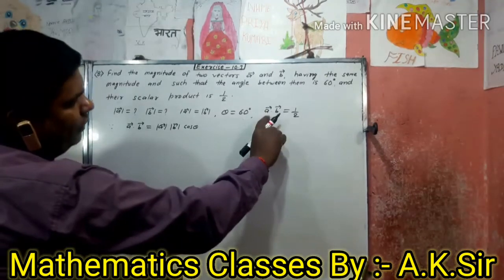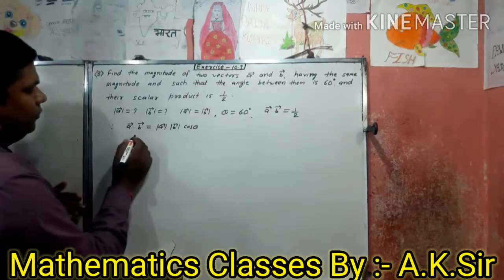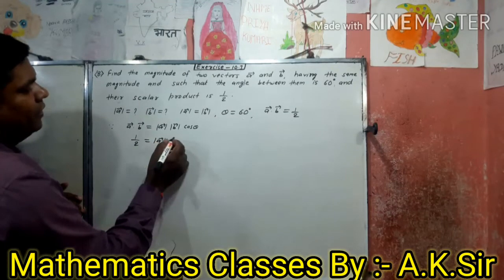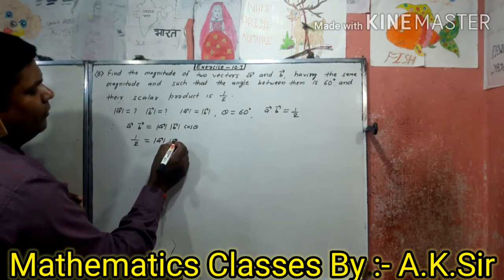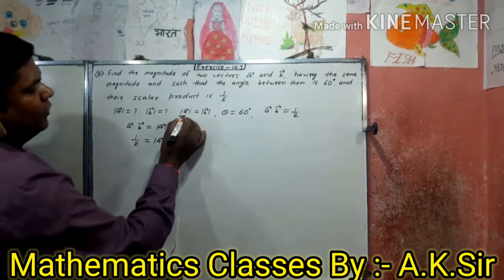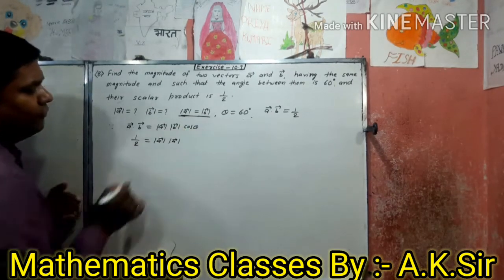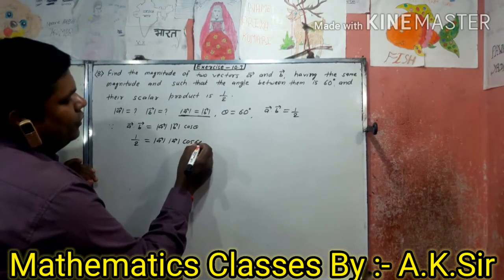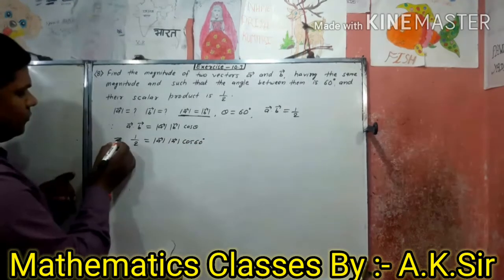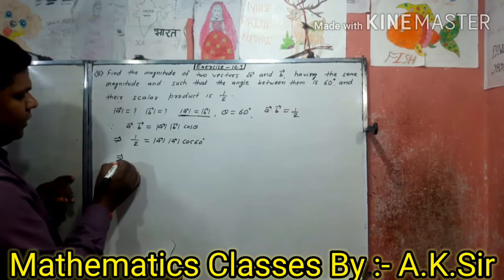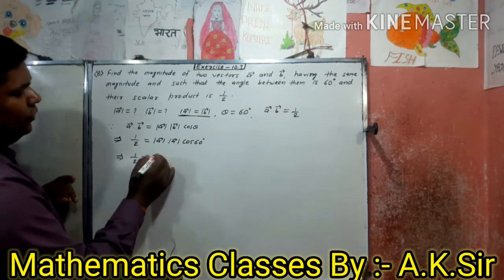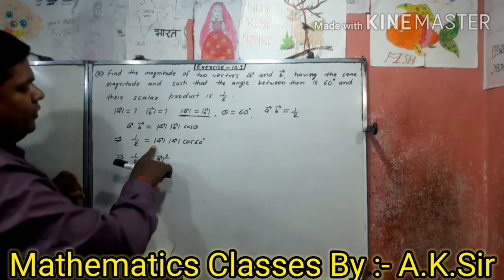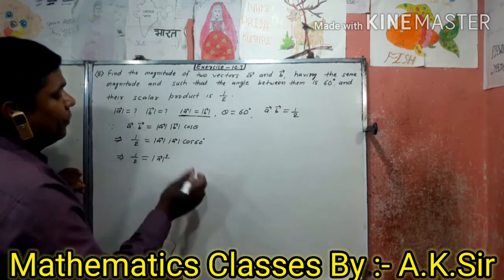Here the value of A vector dot B vector is equal to 1 by 2, magnitude of A vector and also magnitude of A vector, because magnitude of A vector is equal to magnitude of B vector, cos 60 degree, implied that 1 by 2 is equal to magnitude of A vector to the power 2, because magnitude of A vector is 2 times.